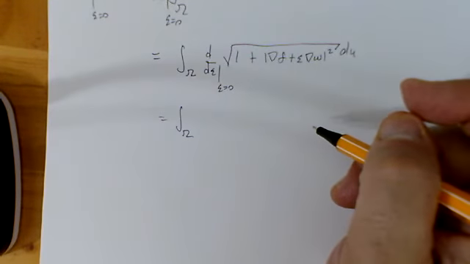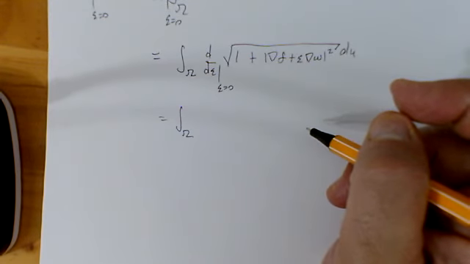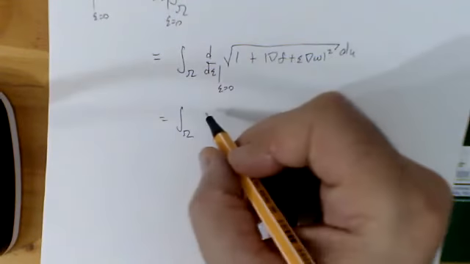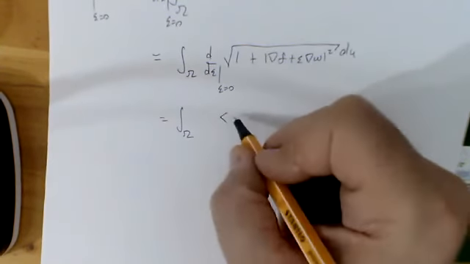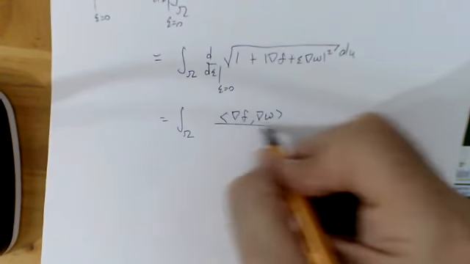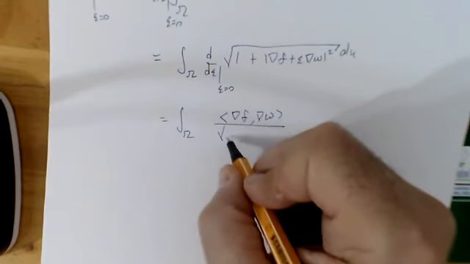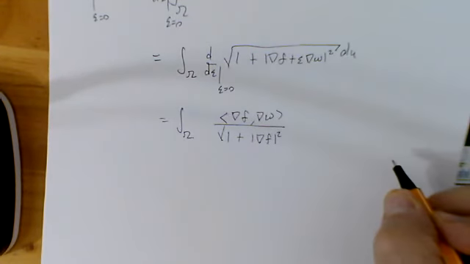And then when I do that, I'm going to obtain something that looks like the inner product of gradient f with gradient w divided by the square root of 1 plus length of the gradient of f squared.